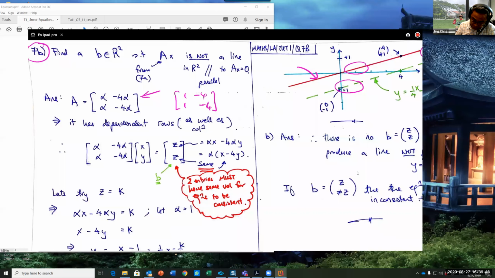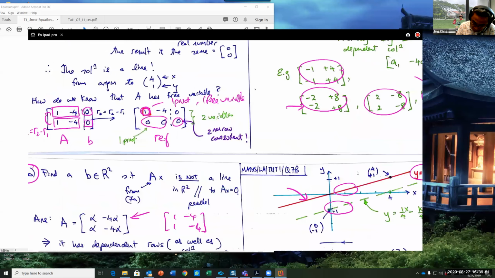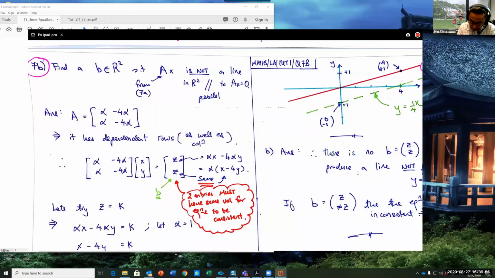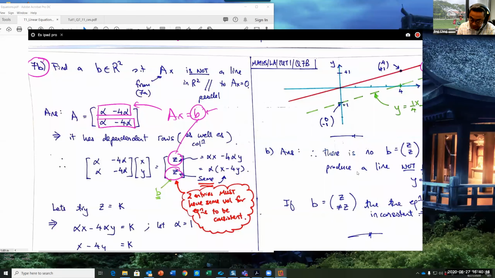Now, if this is the first row and this is the second row, each row came from an equation, then for the corresponding AX equals B, because the left side is the same, the right side B must be the same. So on the right side, we must have the same z for the first one and the same z for the second one. It must be the same.